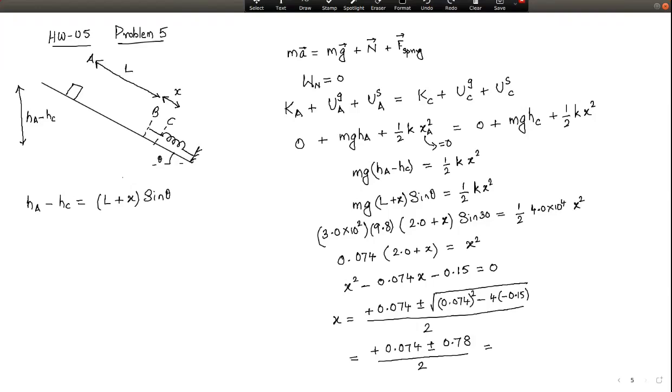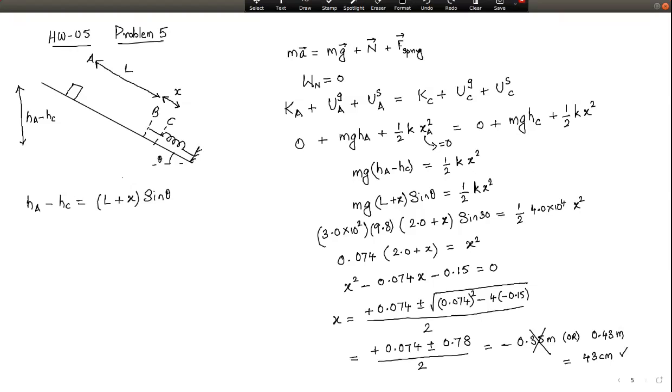To two sig digits, it is minus 0.35 meters or 0.43 meters. This is negative, so that's not a reasonable solution because it's a compression. There's going to be a positive number. So the answer is 0.43 meters, which is also equal to 43 centimeters.